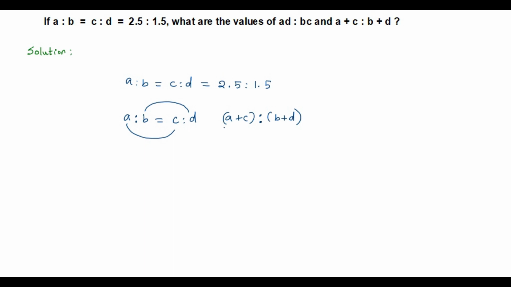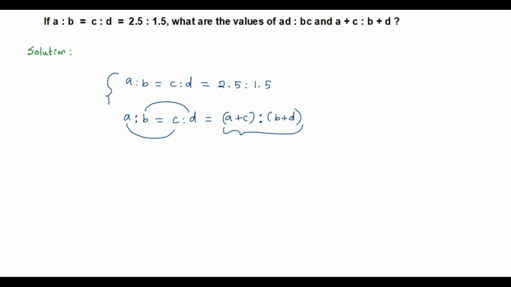According to the addendo property, the new ratio we get by adding the first terms and second terms of the proportion will be equal to each ratio of the given proportion. So this new ratio will be equal to A is to B and also C is to D.